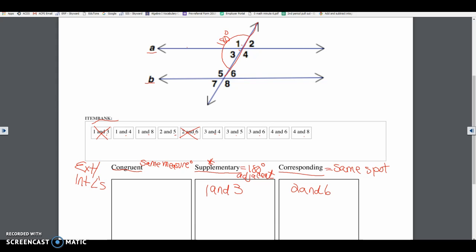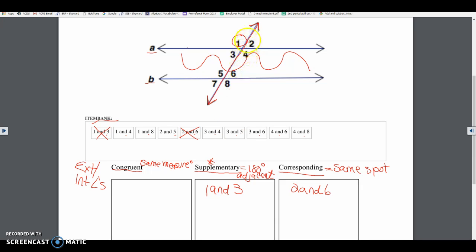So let me give you an example. If I have angle 1, you see angle 1 is outside. Angle 1 is exterior, right here. It is outside the parallel lines, because inside the parallel lines is here. Remember, this line that crosses both the parallel lines is called the transversal.